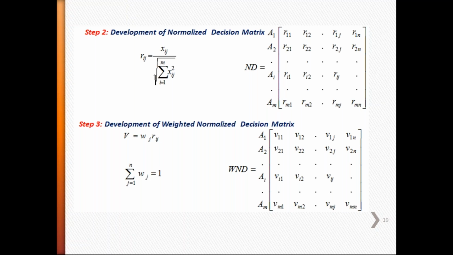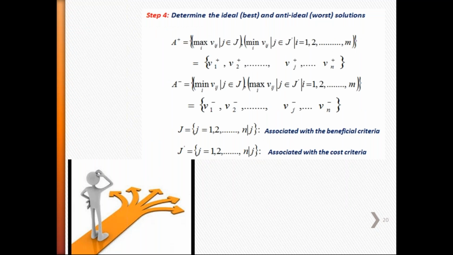Out of these values, you select the maximum value, because your criteria C1 corresponds to the set of benefit criteria. If it corresponds to the set of cost criteria, you have to select the minimal value, because the ideal solution minimizes cost criteria.